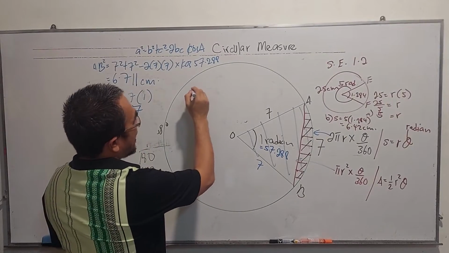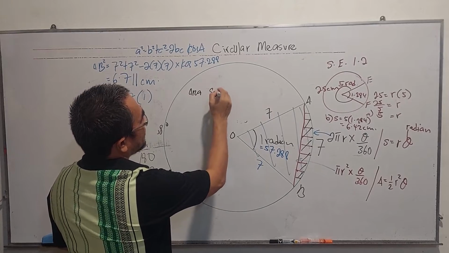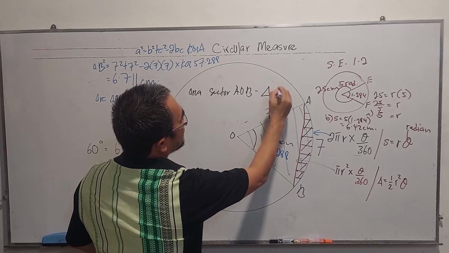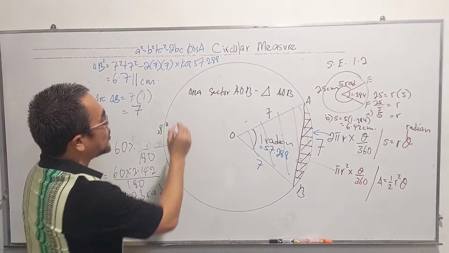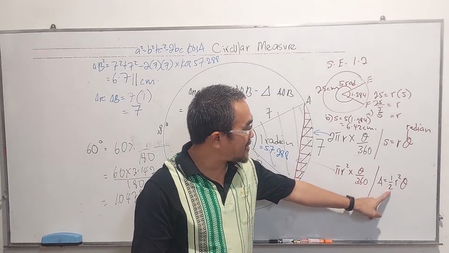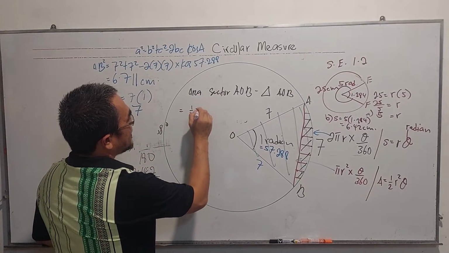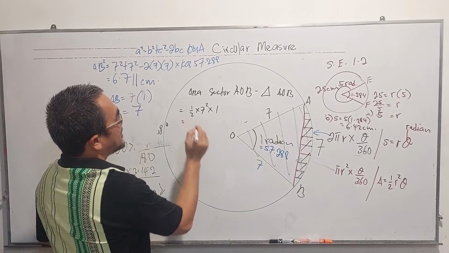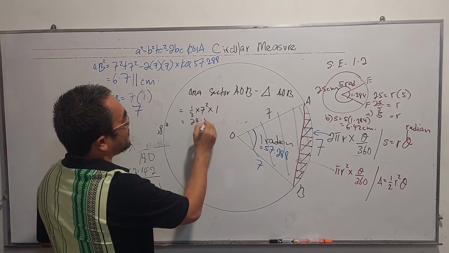So area of sector AOB minus triangle AOB. The formula to find area of sector is half R squared theta, half times 7 squared times 1 in this case, then you get 49 over 2, 24.5.